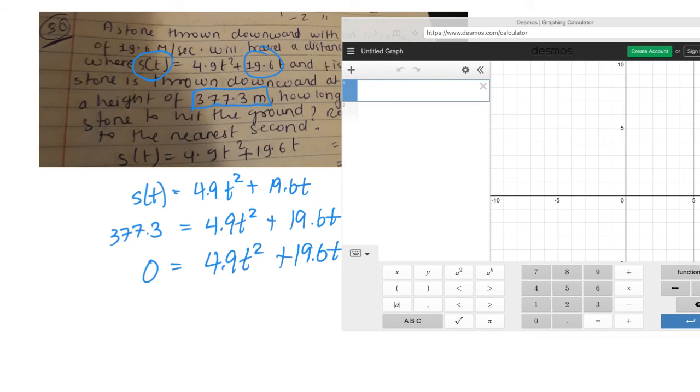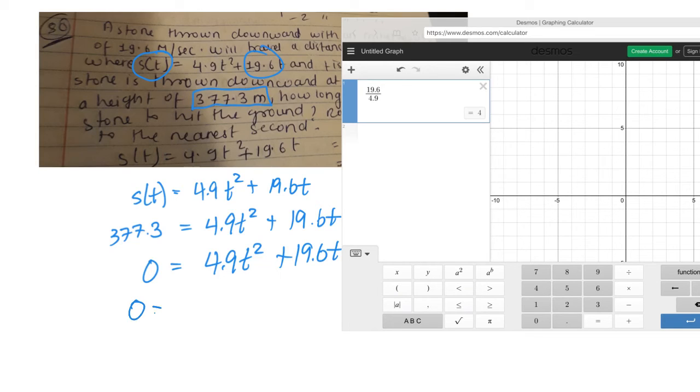Okay, so 19.6 divided by 4.9, oh, comes out even. Nice.